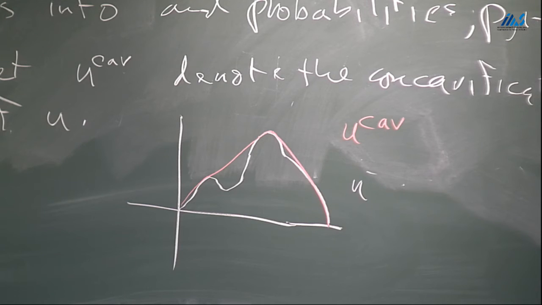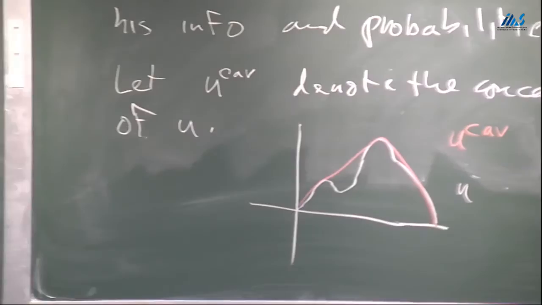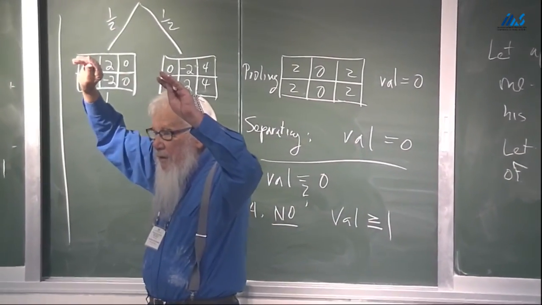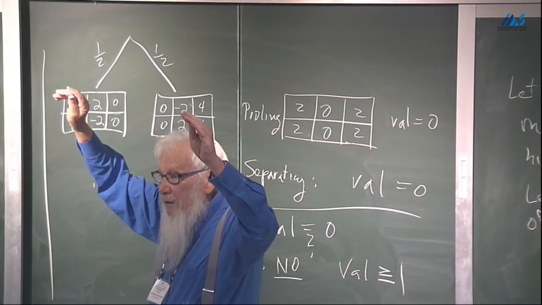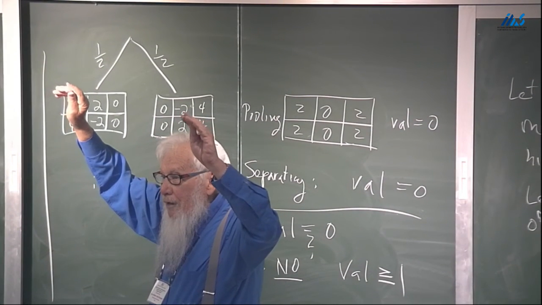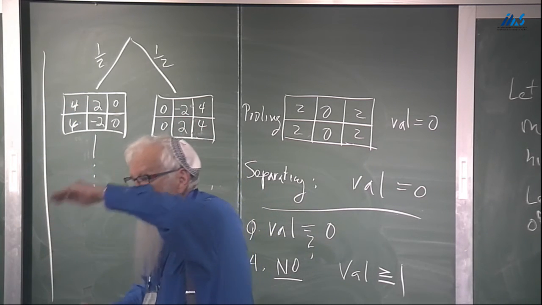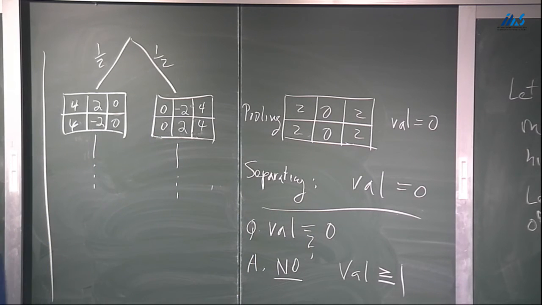Nature chooses this game with probability a half and this game with probability a half. So instead of a half, we have P over here. Remember the statement of the problem an hour ago: nature chooses one of two games, informs one player and doesn't inform the other player, and gives probability a half. I say, no, let's give probabilities P and 1 minus P.